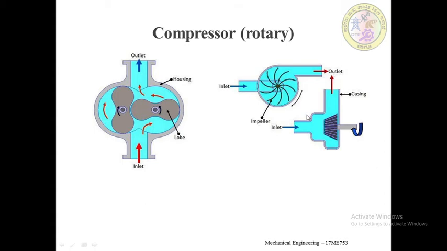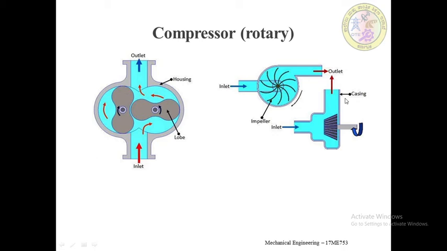You can see the cross-sectional view of this rotodynamic compressor: the inlet, and this is the impeller. This impeller comes along with the casing. It has a shape like this, so that the action of the rotor and the flow of air is trapped in this space, which initially is larger and finally smaller, so the air gets compressed.